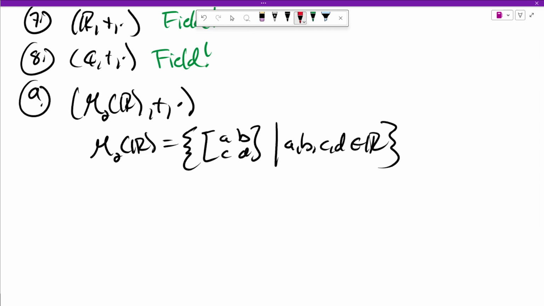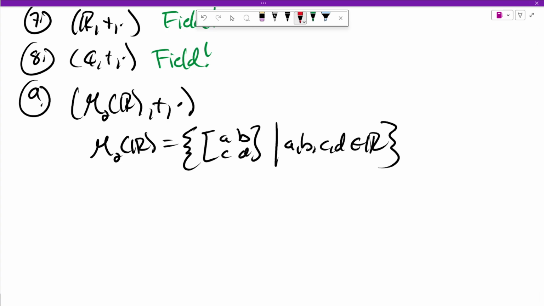Addition of matrices is associative. Addition of matrices is commutative. Addition of matrices has a zero element, the zero matrix. Addition of matrices has inverses, the negative of your matrix. Those are the four for addition of matrices.